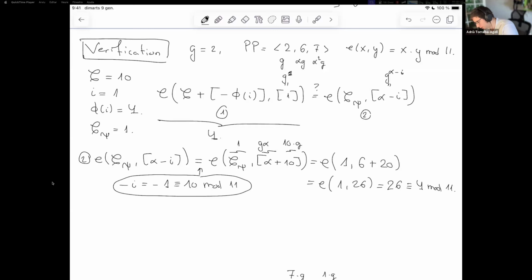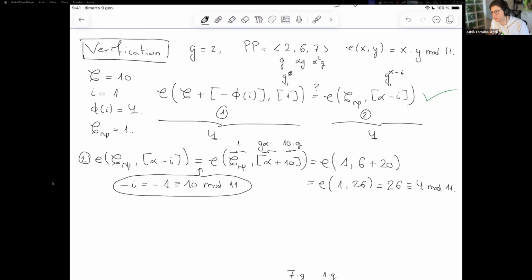Since the left-hand side is 4 and the right-hand side is 4, the verifier accepts the proof, basically. Everybody's happy.